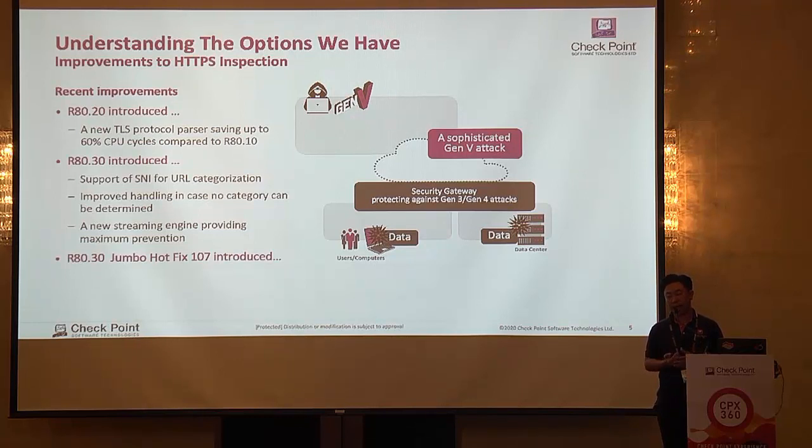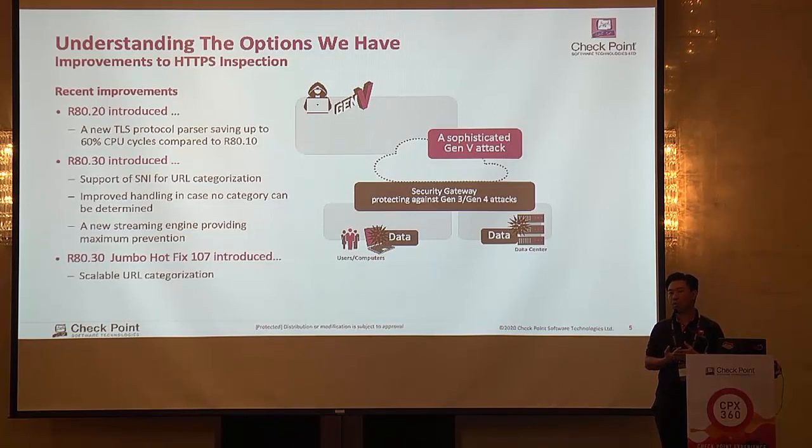Another enhancement came with Jumbo Hotfix 107 on top of R80.40. We now support a scalable URL category. How do we do that? When the gateway receives a client hello packet from the client, we look into the destination the client wants to connect to and query our threat cloud.